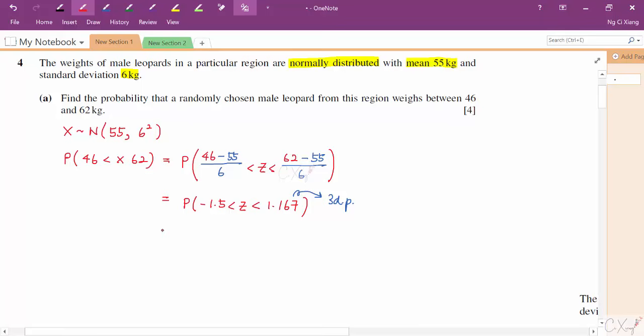To find this probability, I can take the area where z is smaller than 1.167 minus the probability that z is smaller than negative 1.5. What's the probability for z smaller than 1.167?